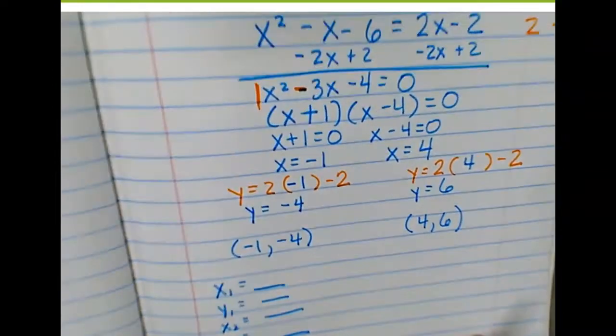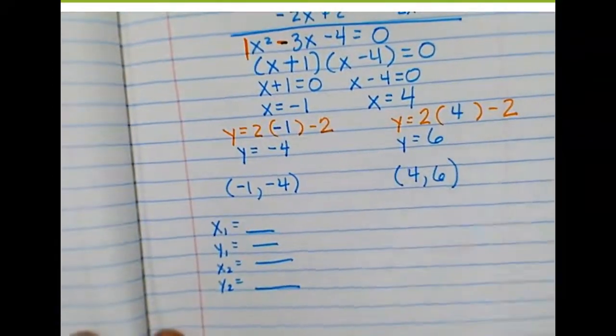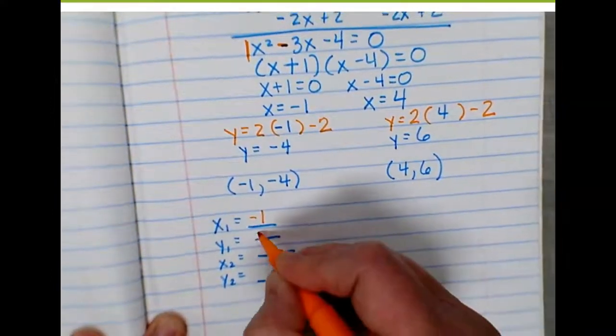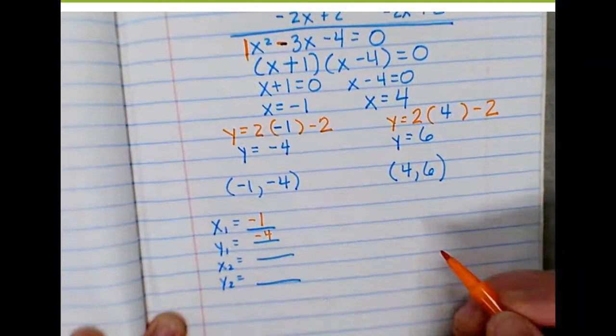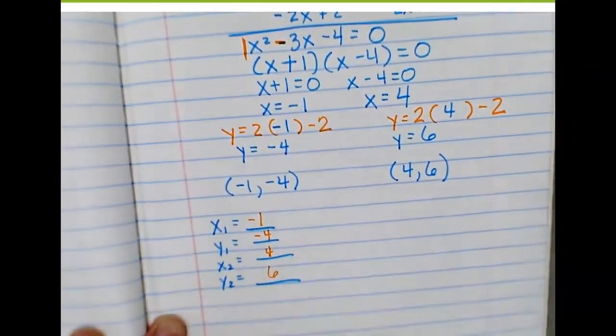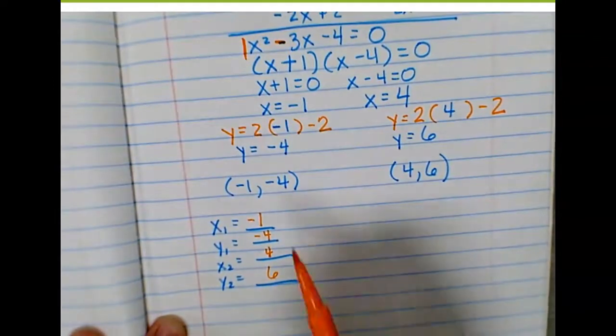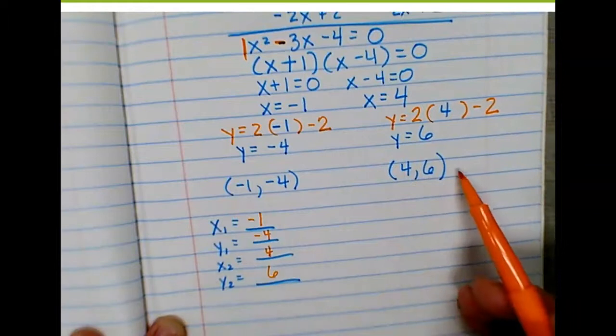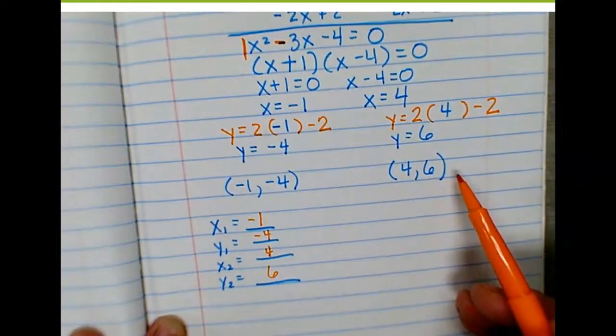And so put your smallest x in first and the y that goes with it, and your biggest x and the y that goes with it. These are actually intersection points, and mathematically that's the better way to write it.